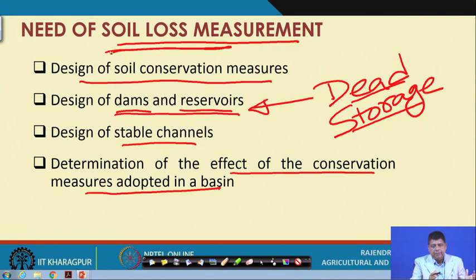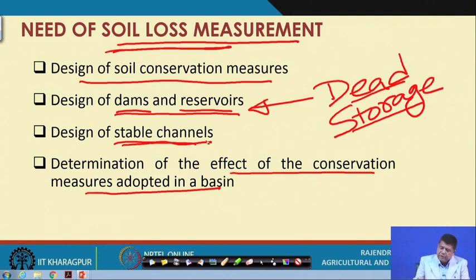in the upstream area. Similarly, based on soil loss data, we can design stable channels. When we design a channel, we always keep an eye on non-erosive channels. That means there should not be any further erosion taking place at a certain velocity of flow. That will be governed by the soil loss being generated, so we need the soil loss data.